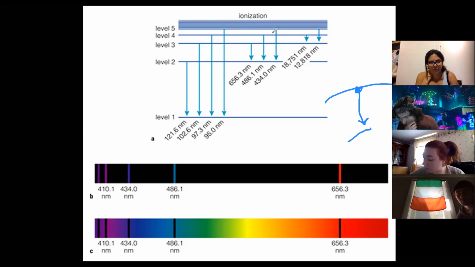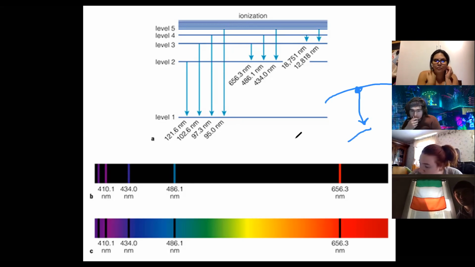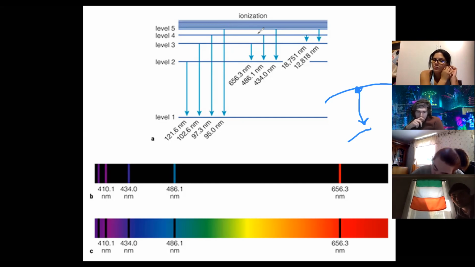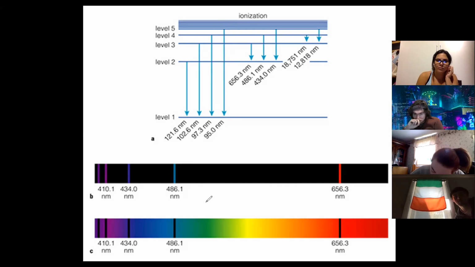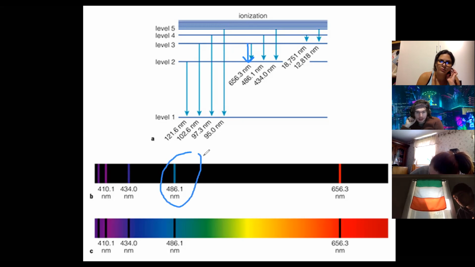The energy levels or the orbits are usually represented by some kind of an energy level diagram. I was hoping that you'd look at the energy level diagram and tell me which transition, like for instance, the red photon is produced by the 3 to 2 transition of hydrogen. Oh, that's the 4 to 2 for that one. 4 to 2 transition. Yeah, when an electron drops from orbit 4 to orbit 2.